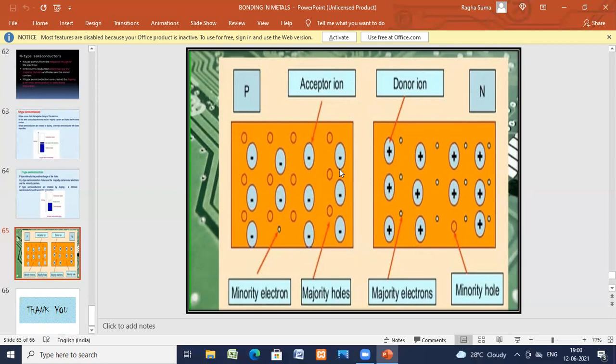Due to ionization of acceptor atoms, only holes and no electrons are created. Thus, holes are more in number than electrons. Hence, the holes are majority carriers and the electrons are minority carriers for the p-type semiconductors.